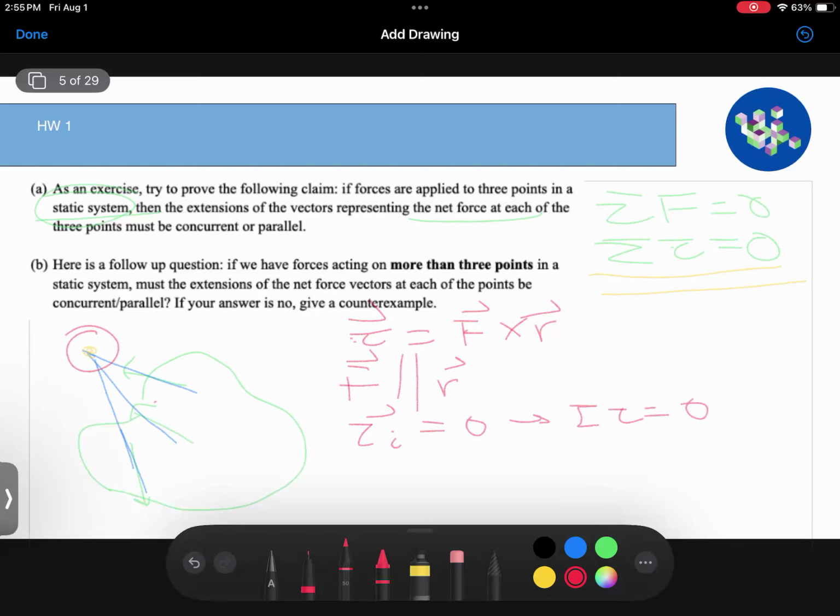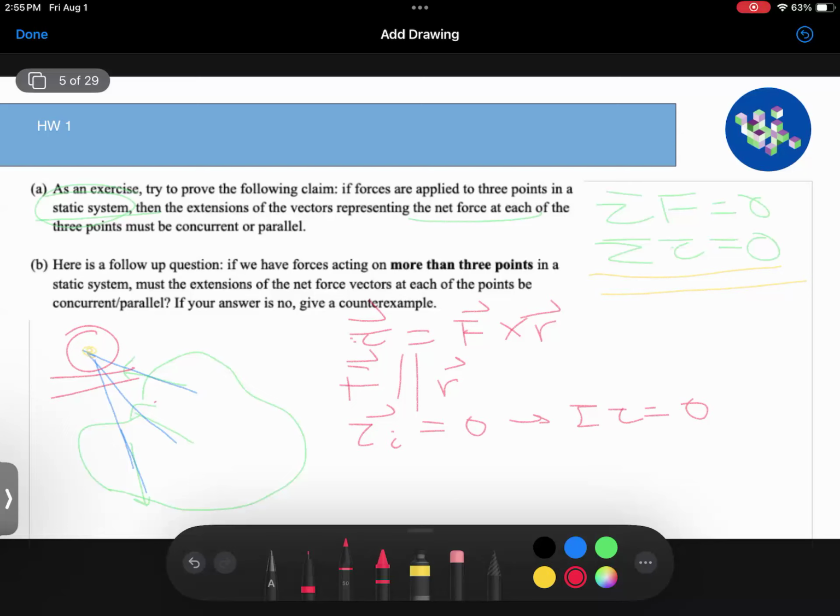Now, we found that the torque about this one point is equal to 0. How can we show that the torque about any other point is 0? Well, remember last class, we proved a theorem that said that if you have force balance and the torque about one single point is 0, then the torque about any point is 0.